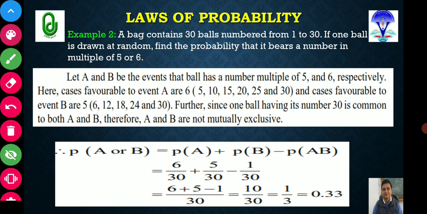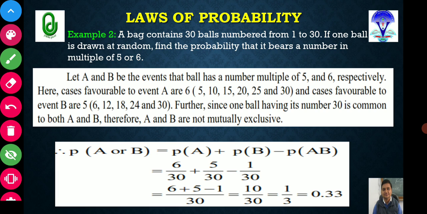Now this is the typical example that I have taken to distinguish between the mutually exclusive and mutually non-exclusive event, and in this example your concept will be more clear.